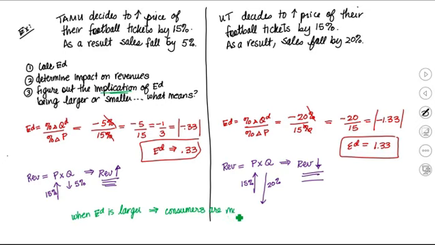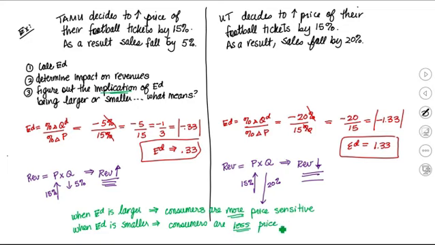They're going to be more price sensitive. And when elasticity of demand is smaller, the smaller the number, then consumers are less price sensitive. Everybody with me there? Does that make sense?